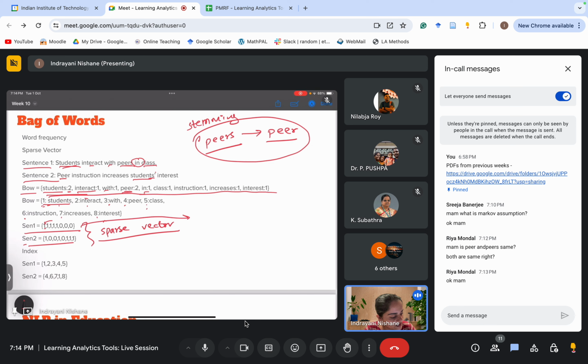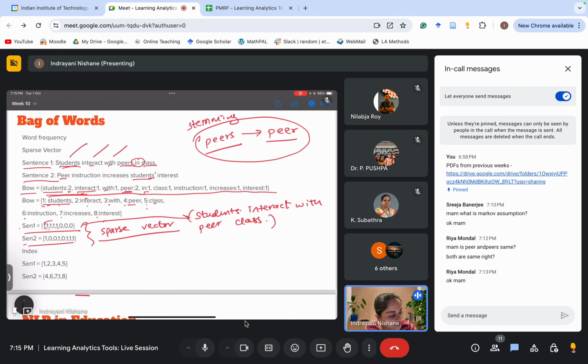First word is here students, then second word interact, then third word with, fourth peer, and fifth class. So this is how sentence 1 is interpreted by the computer: students interact with peer, class.